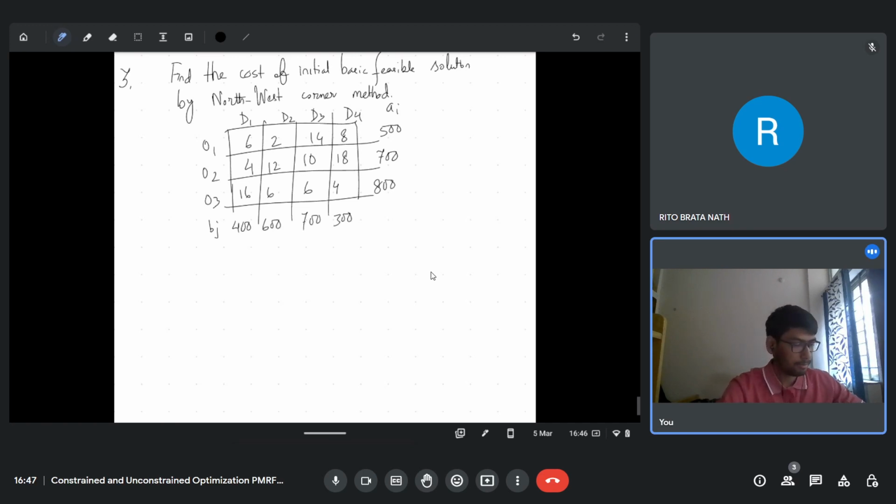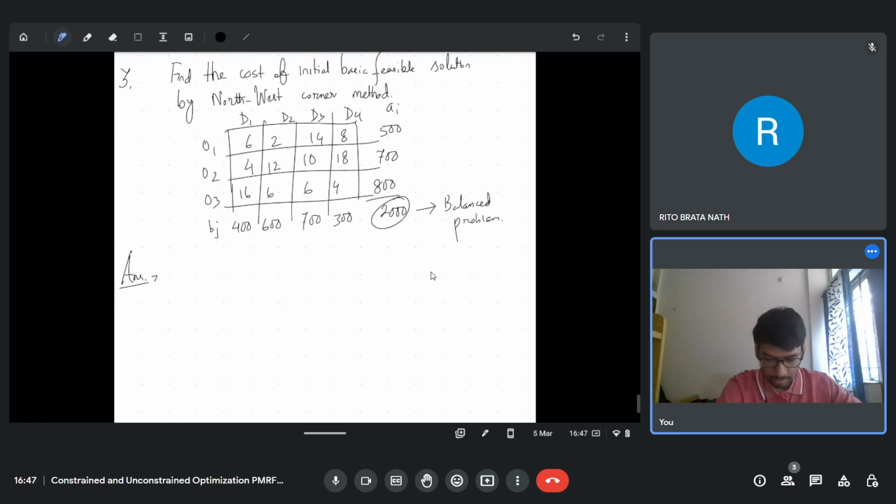If you add it up, everything will add up to 2000, so this is again a balanced problem. Okay, so let's solve this. I have some 10 minutes remaining, so I'll try to quickly solve it, and then if there is time, I'll go into the matrix minimum method.